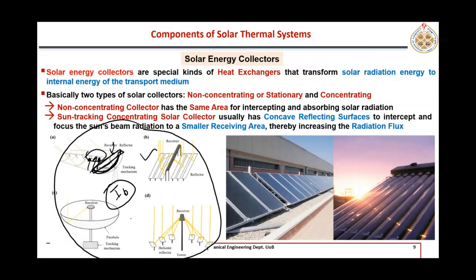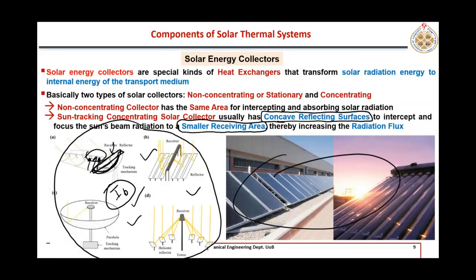So that's why in these types of solar collectors we can achieve very high temperature, because we have a very small receiving area and a very large concave reflecting area, right?